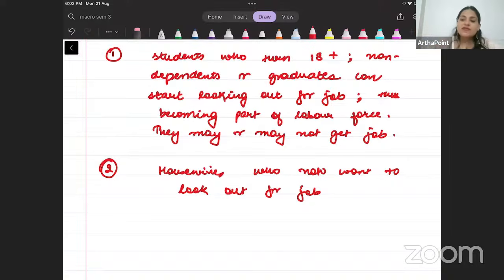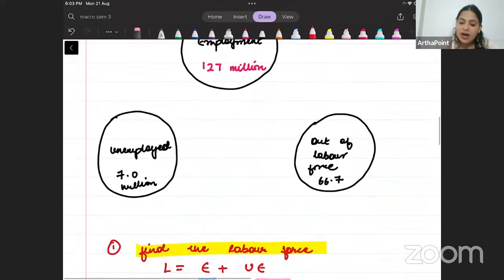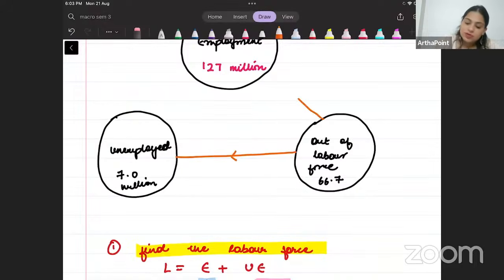So the first thing that we have to understand is that from out of labor force, we are taking the concept ahead, that some people will become part of the labor force. Some will get a job, some will not get a job, but they are becoming part of the labor force, right? Like housewives or any person.